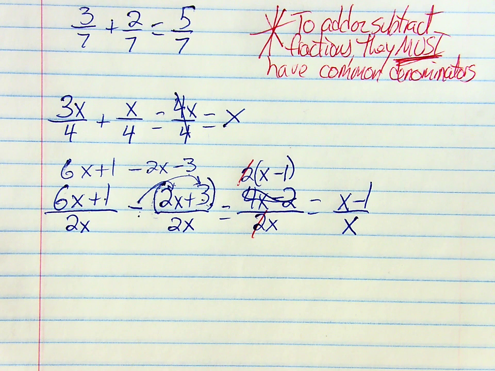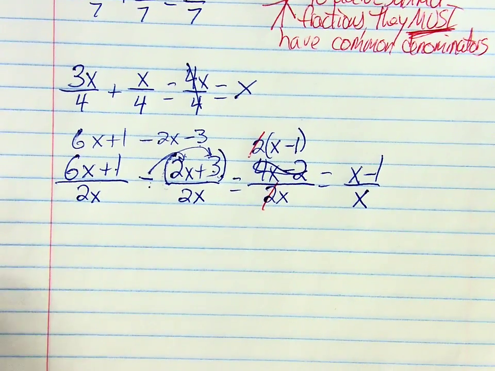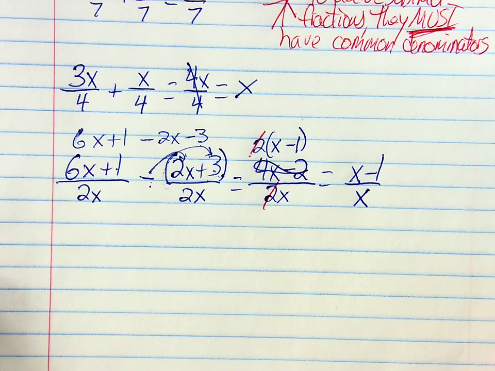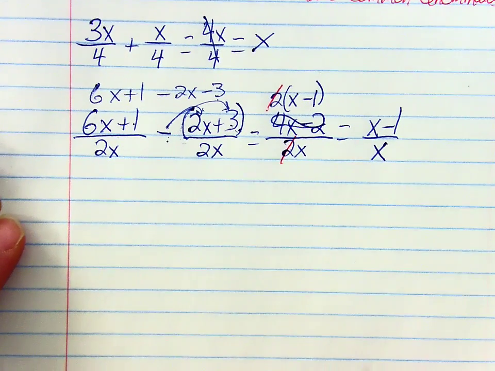You with me? Okay. So now, let me give you one to try, and then I'll stop the video, and then we'll try ones that have unlike denominators. Let me give you this one to try. I'm just going to make it up again.